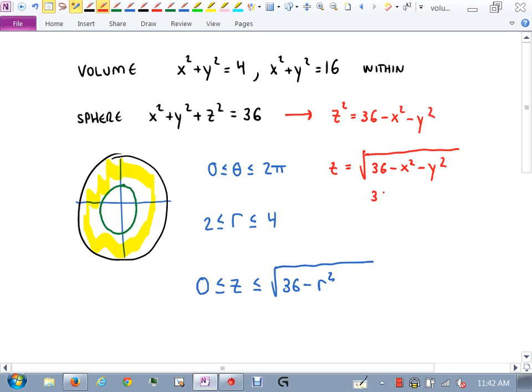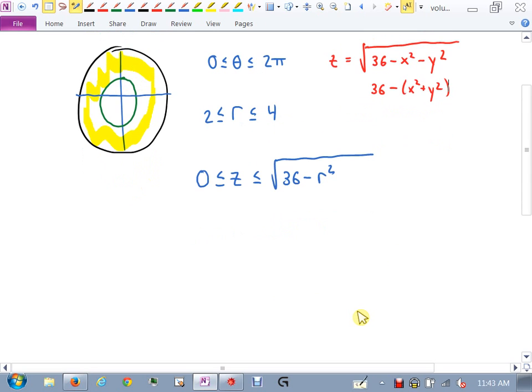This 36 minus, I factor the negative out, that's x squared plus y squared. But in polar coordinates, because of the relationship between r, theta, x, and y, we know that x squared plus y squared equals r squared. So I can swap out x squared plus y squared with r squared here. I actually could have done it right here, too. I could have just said, hey, look, that's r squared. Now move it to the other side and do the same thing, and you would have got this.